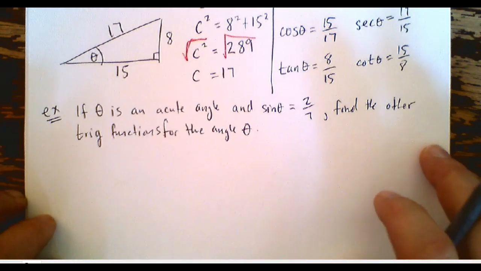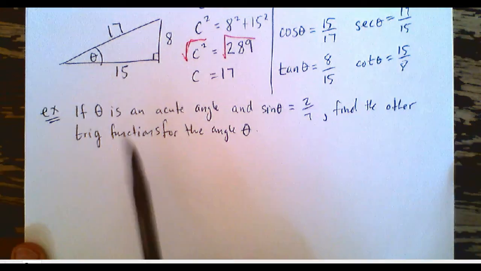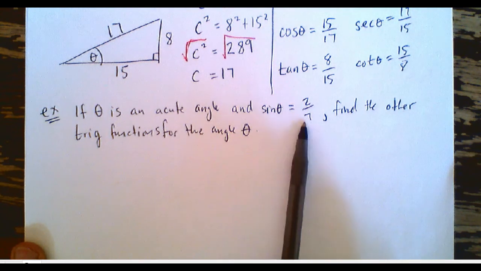Alright, so for this example, we are not given the triangle, but we are given the fact that theta is an acute angle and that the sine of this angle is 2 over 7.